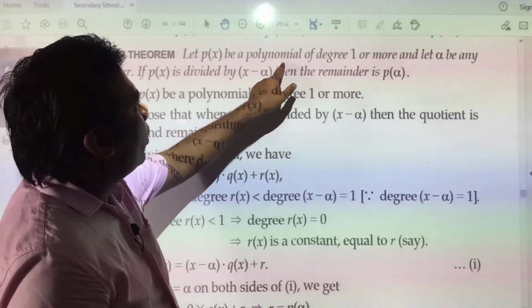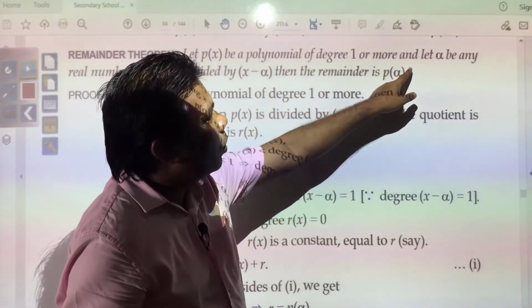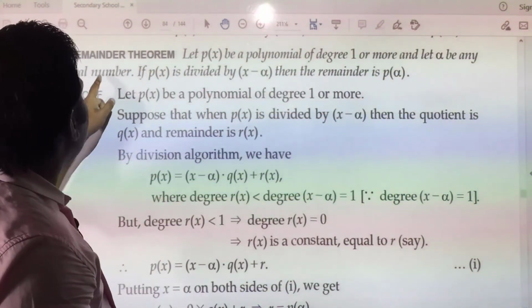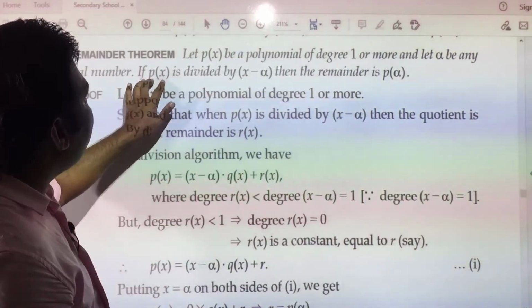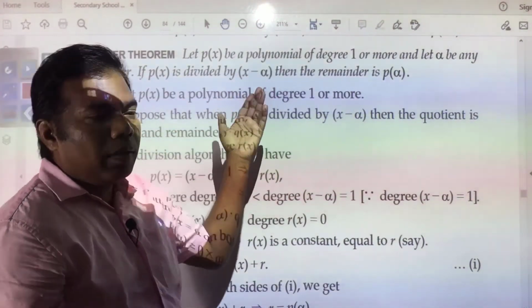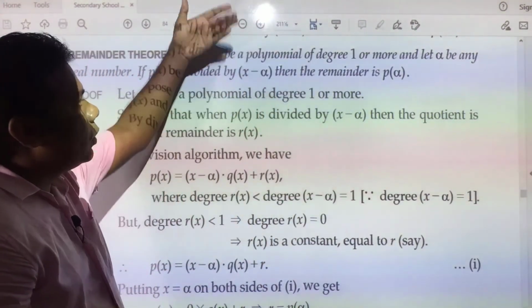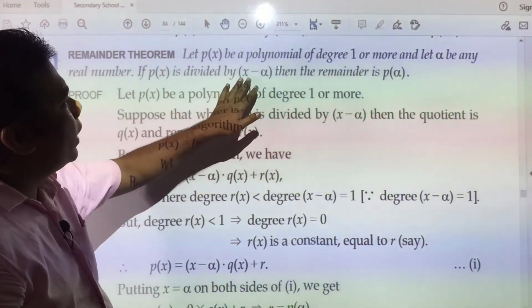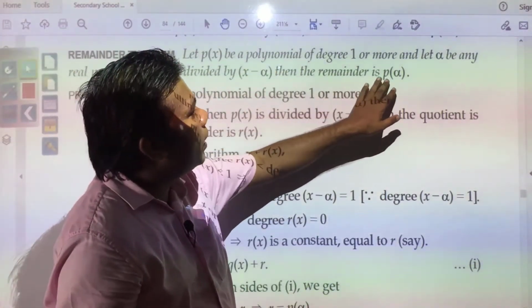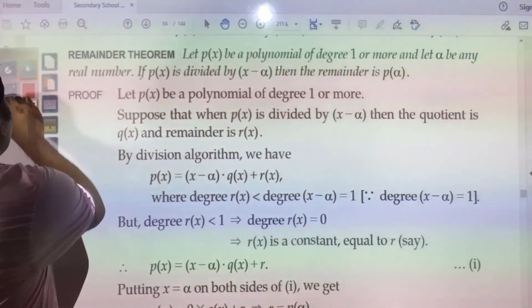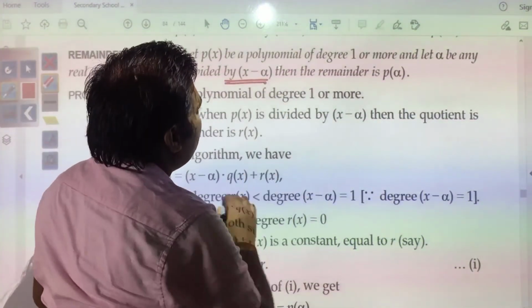Let Px be a polynomial of degree 1 or more, and let alpha be any real number. If Px is divided by x minus alpha, then the remainder is P alpha. Here just one thing you need to remember.